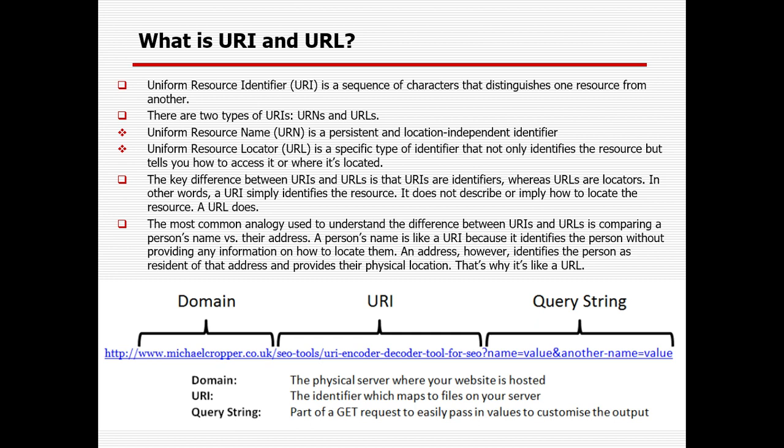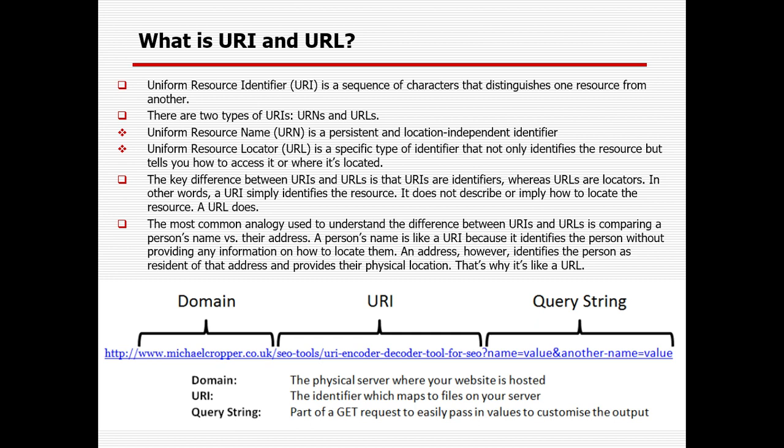URL is a part of the URI only. URN is nothing but Uniform Resource Name, a persistent and location independent identifier, whereas URL, which stands for Uniform Resource Locator, is a specific type of identification that not only identifies the resource but tells the user how to access it or where it is located.